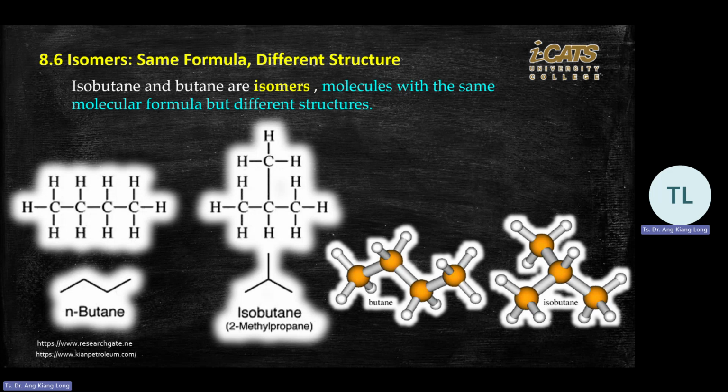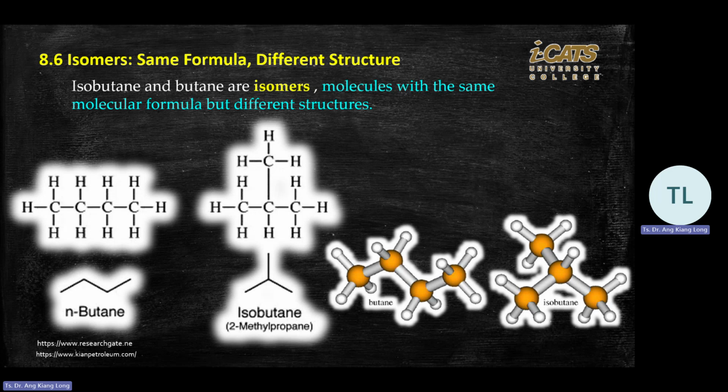So it asks you to identify isomer. If you see identify, you need to explain what the meaning of isomer is. Isomer is a molecule with the same molecular formula, CnH2n+2, but if you draw it into the structural model, then it will be different.